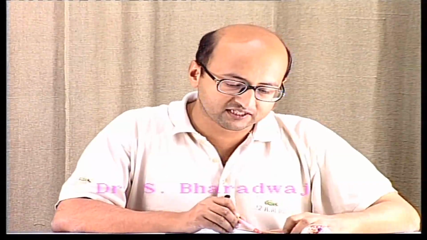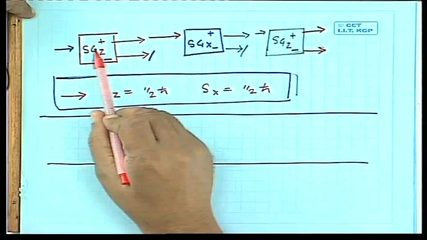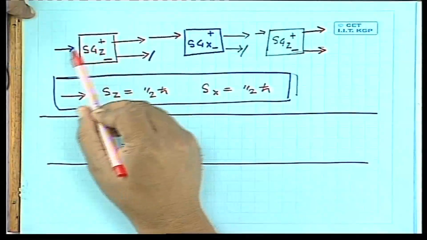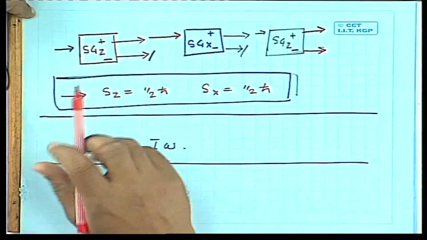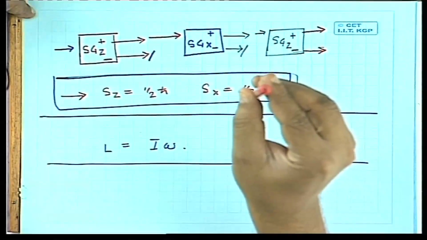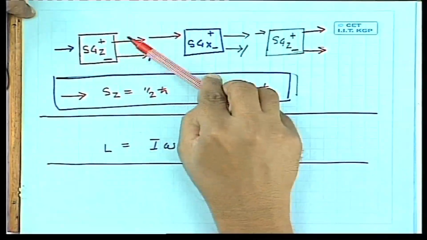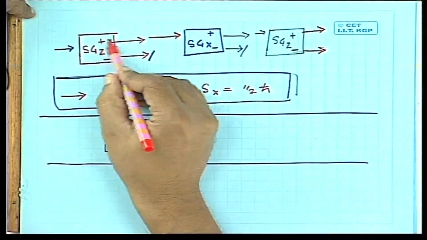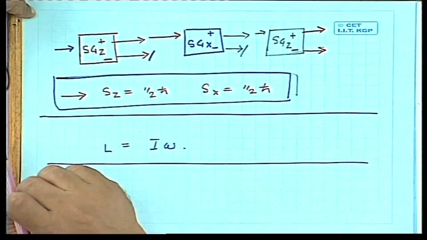The second very interesting feature which we saw was that suppose we have an unpolarized atom coming in and we send them through a Stern-Gerlach apparatus aligned along the z-axis. The atoms get split up into two beams, one corresponding to the situation where the electron spin is up, which is the one on top, and the other corresponding to the situation where the electron spin is down. These are the only two possibilities, and two beams come out of the apparatus.